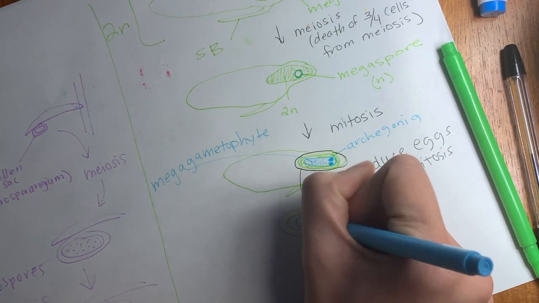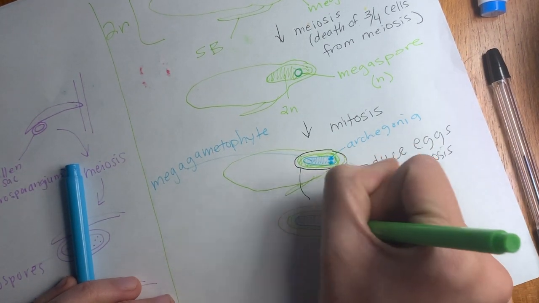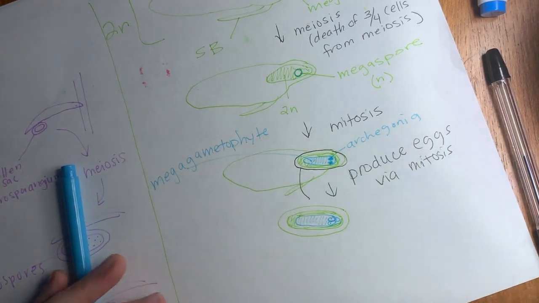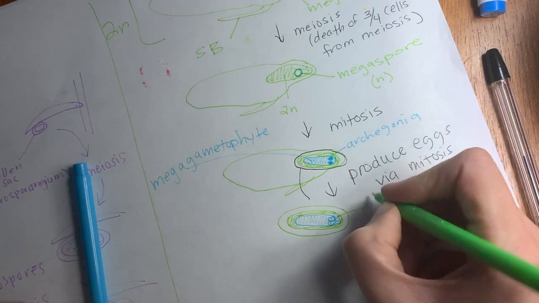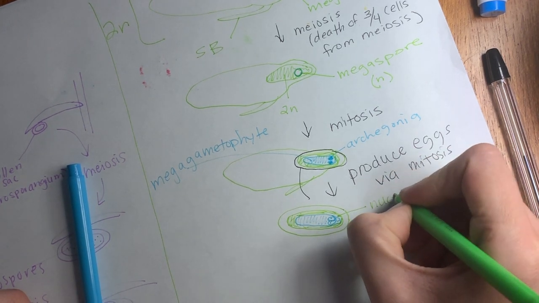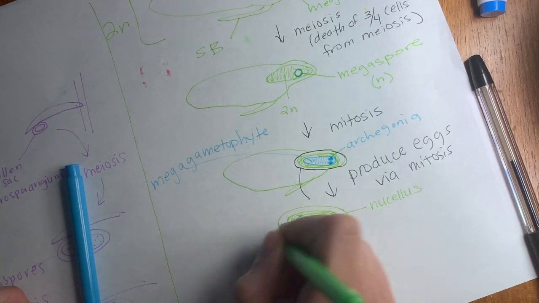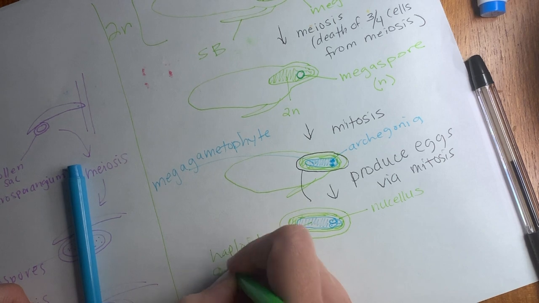So let's color this in. So this is our megasporangium. We call this nucellus. So we have a layer of nucellus. Then we have a layer of our haploid gametophyte.